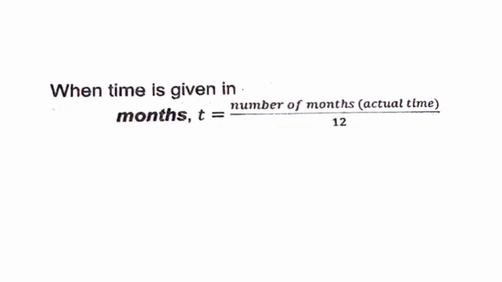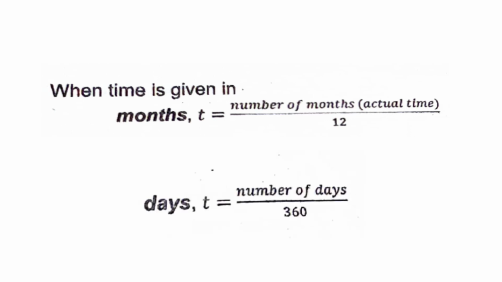When time is given in months, T is equal to the number of months divided by 12. And when in days, T is equal to the number of days divided by 360.